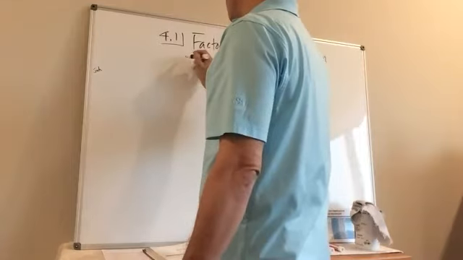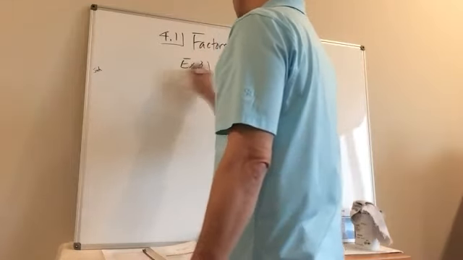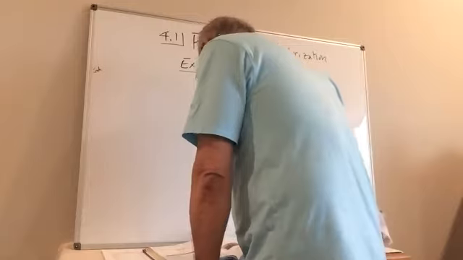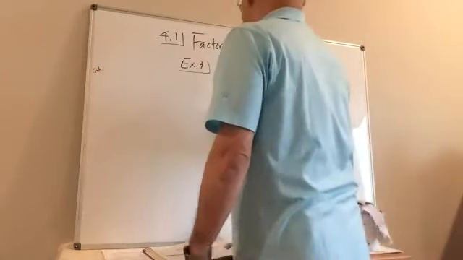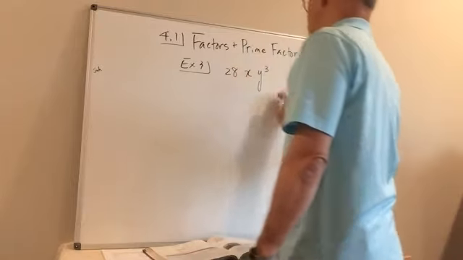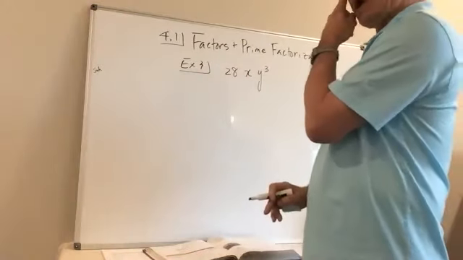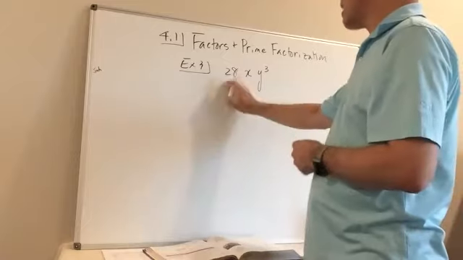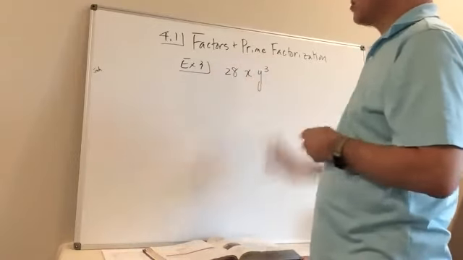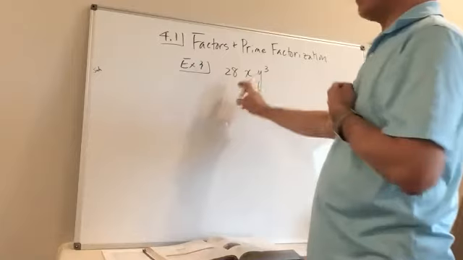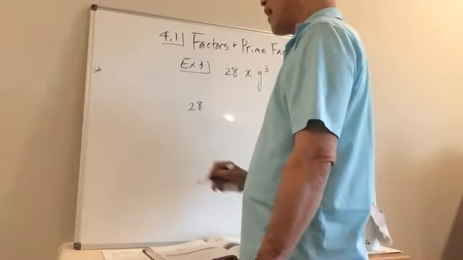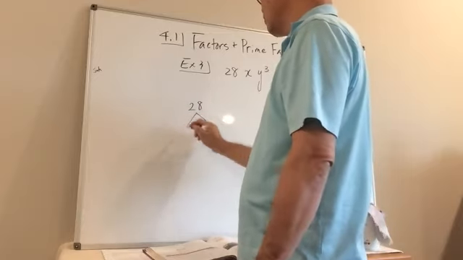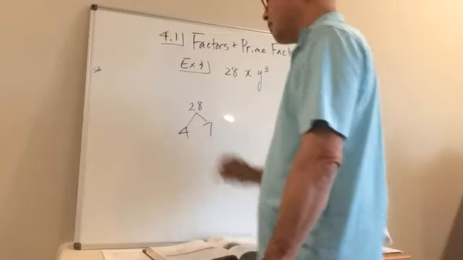Okay, let's go to example number 3. Example C, factor the monomial 28xy cubed. So in this situation, you have a number times a bunch of variables, right? So let's look at the number itself, 28. How does 28 factor out? 28 is, obviously, 4 times 7, right?